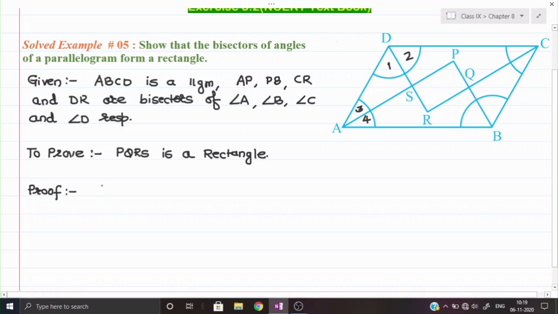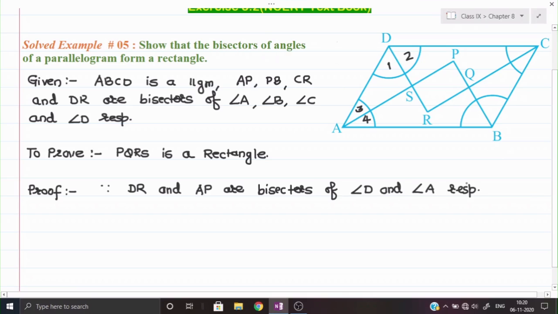So first we'll write down, since DR and AP are bisectors of angle D and angle A respectively.